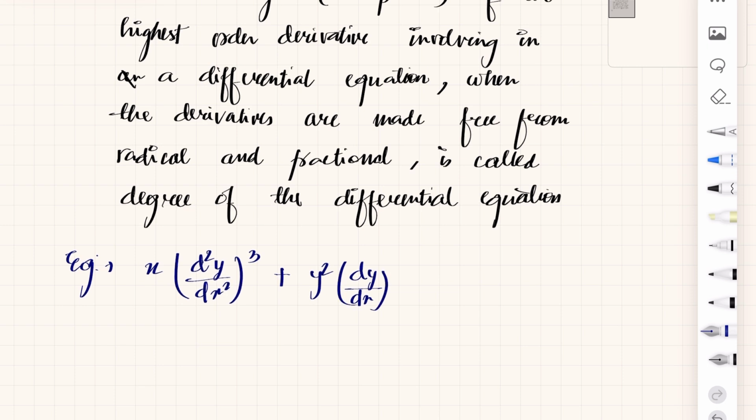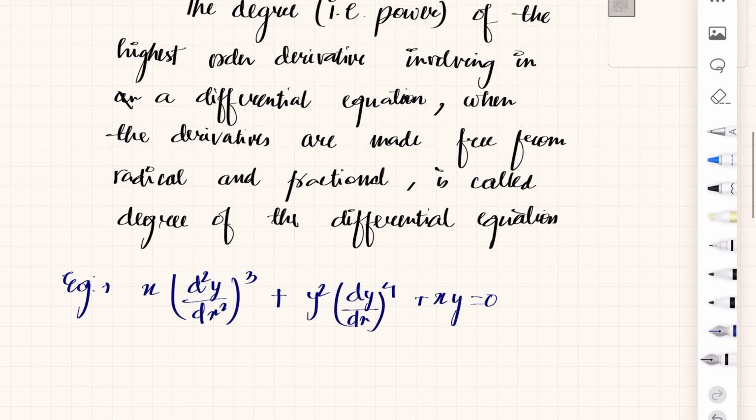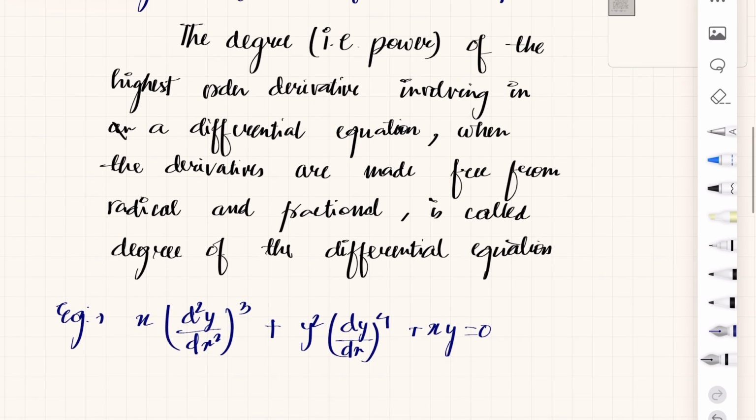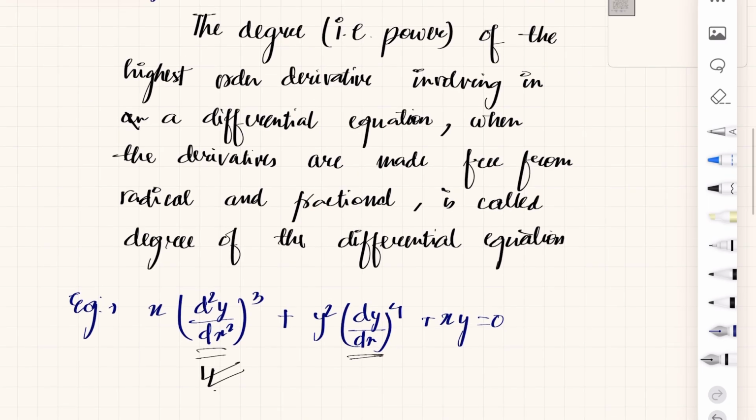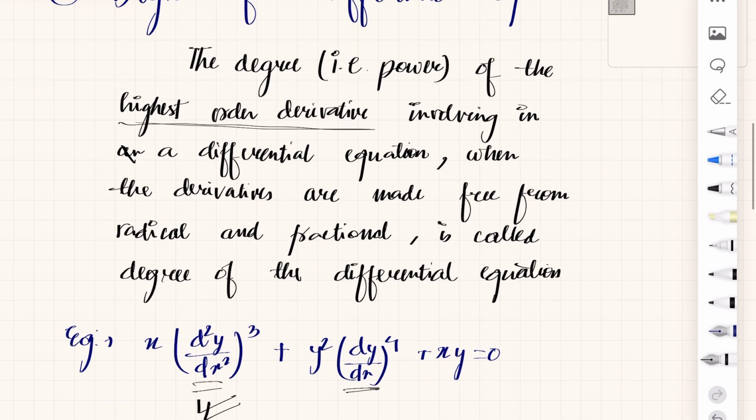Let's say x times the second derivative to the power 3 plus y square times dy by dx to the power 4 plus xy is equal to 0. So tell me what is the degree. Before we find out the degree, we should find out the order first. How many derivatives are there? We have 2 derivatives, and which one is highest? This one is highest. Then we find out, let's see the definition: we have to find the highest order derivative in the differential equation.